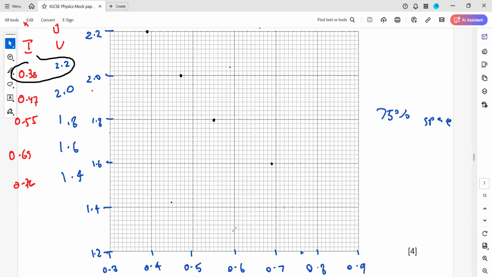And then 0.76 and 1.4. One, two, three, 4.76. One point, 0.69.